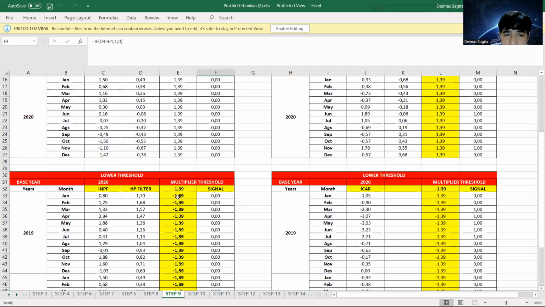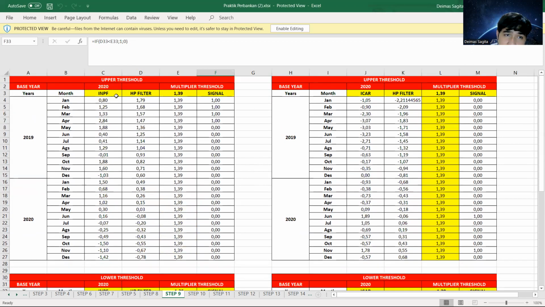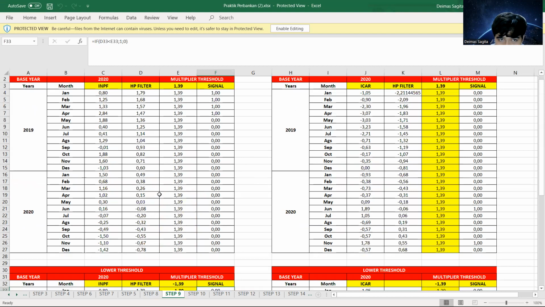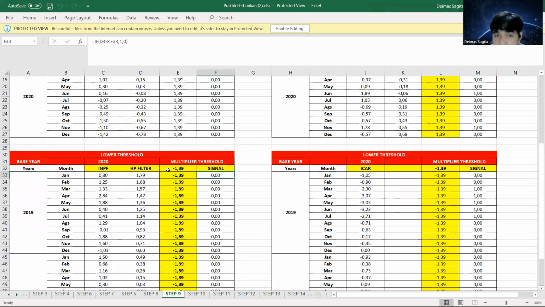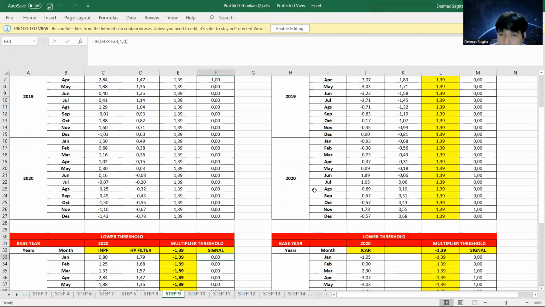For the lower threshold, the data for the average is minus because it's lower. The formula is different: equal if HP filter lower than minus 1.39, and then 1 and then 0, and just enter. After that, we got the value for our lower threshold for the INPF.